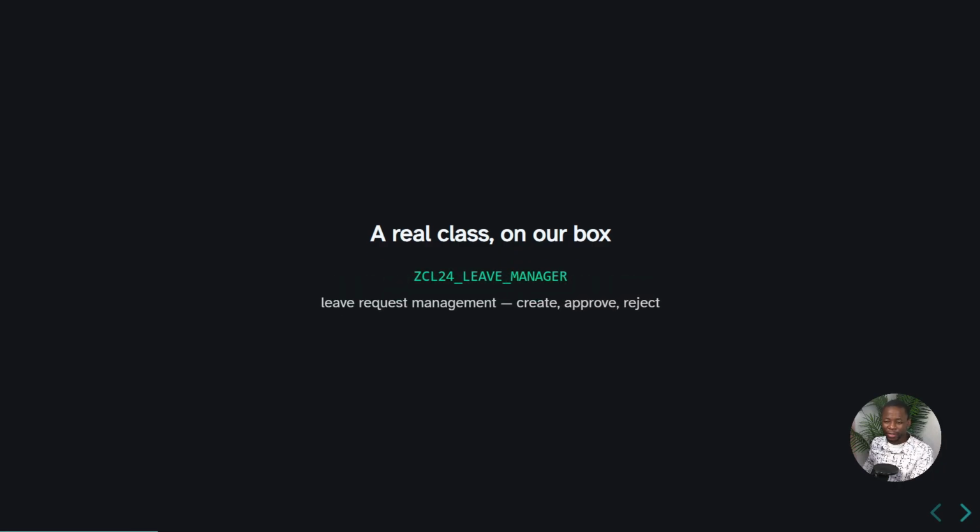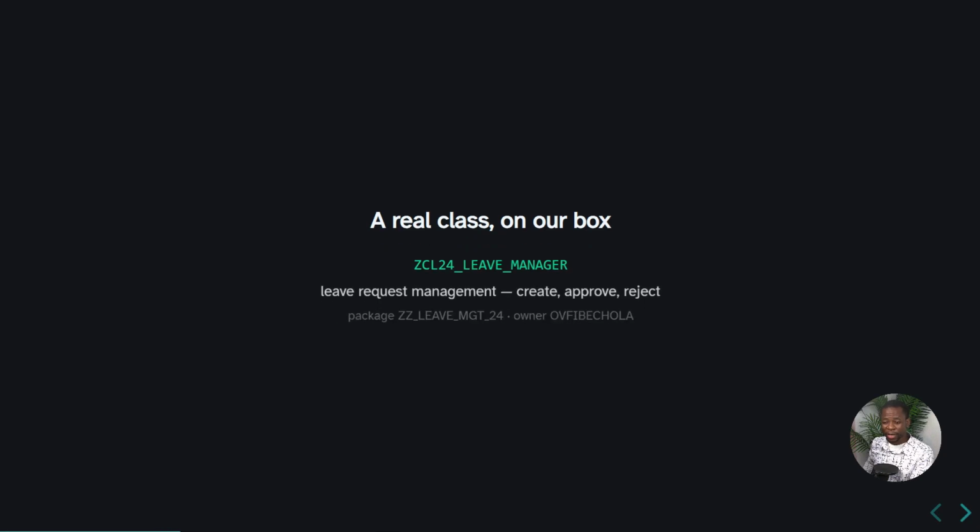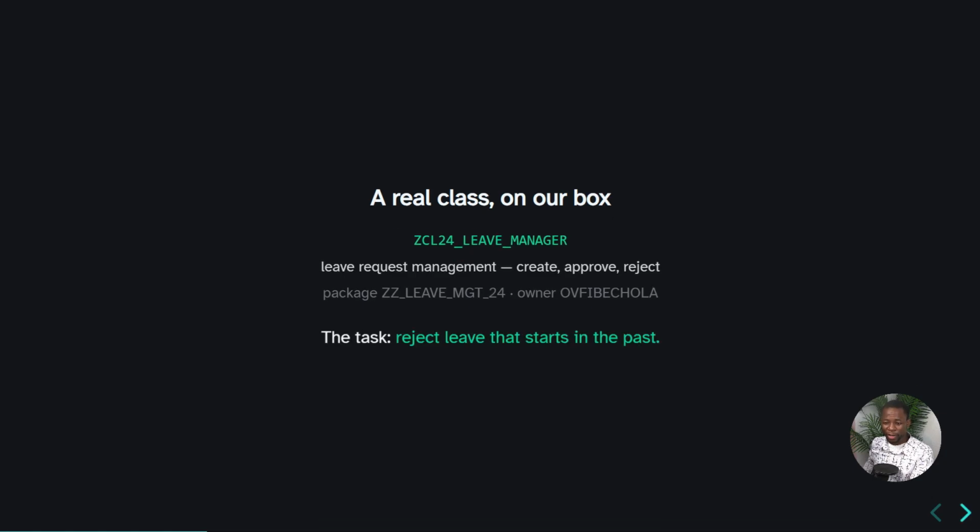This class is all about leave request management. The functionality is that you can create a leave request, it can be approved by the manager, and it can be rejected by the manager. And of course, we have that class inside this package, and I am the owner of the package.